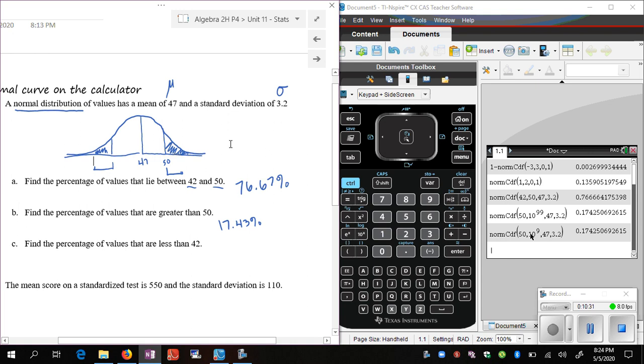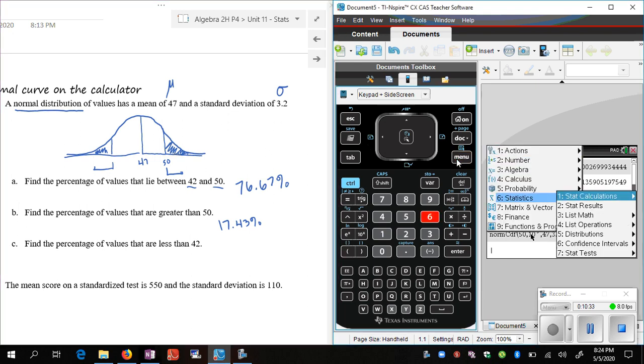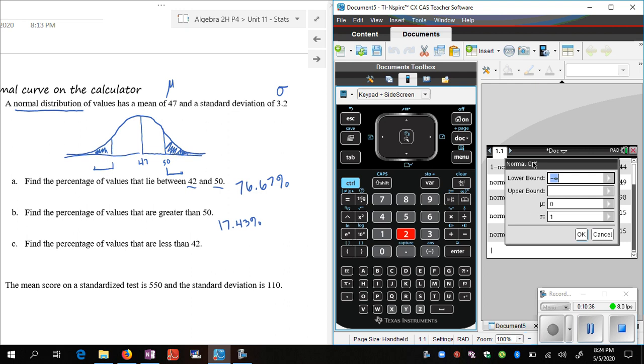So when I go menu 652, my lower bound, based on the calculator I'm using, I actually get negative infinity, but yours will probably have a value like negative 10e999, which is essentially negative 10 to the 99. That's how I'm emphasizing a negatively large number.